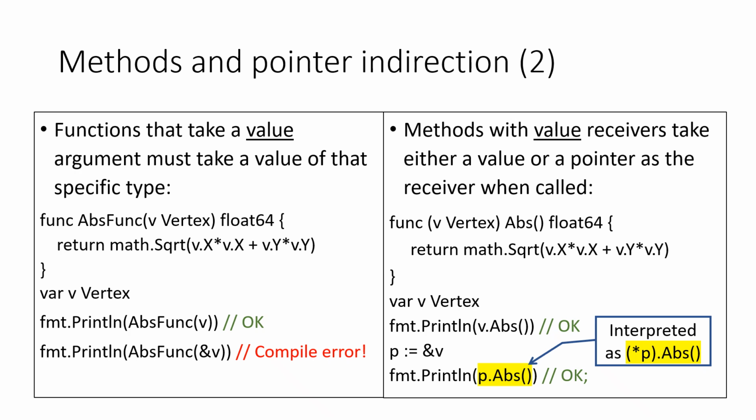In the case of value receivers, methods with value receivers also take either a value or a pointer as the receiver when called. But the equivalent function that takes a value argument must take a value of that specific type. For example, consider the method abs with the value receiver v of type Vertex.